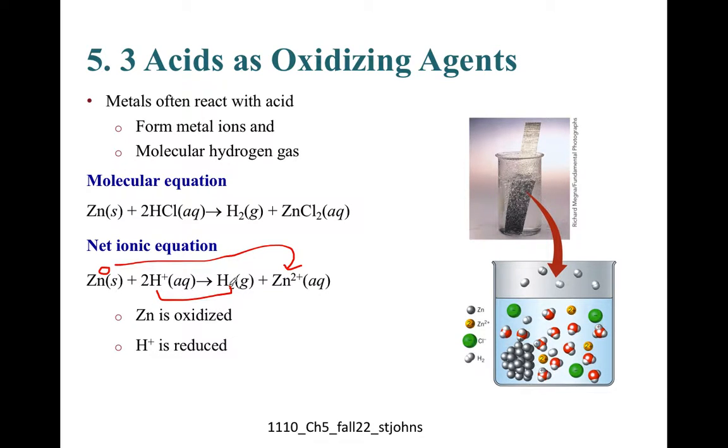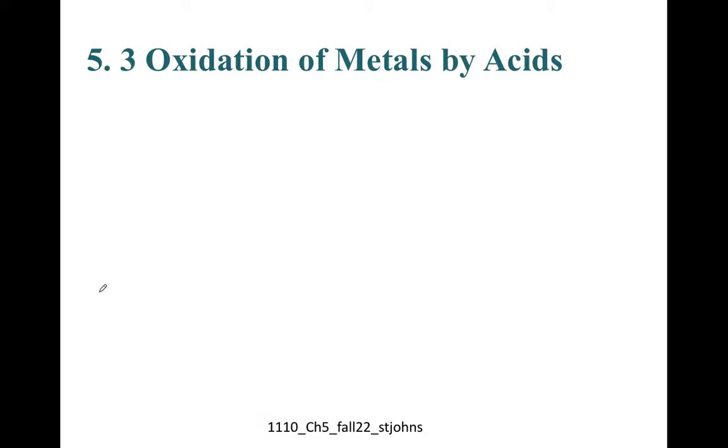Remember, during oxidation the charge always increases, and during reduction the charge decreases. So hydrogen ion goes from plus 1 to 0, and in the oxidation, zinc goes from 0 to plus 2. Hydrogen ion is the oxidizing agent in this reaction, and obviously zinc is the reducing agent.